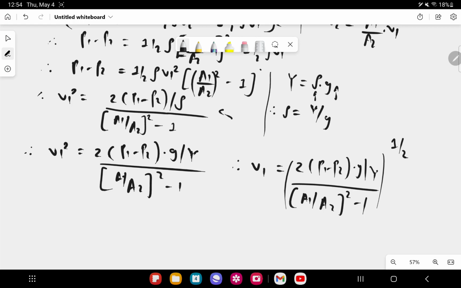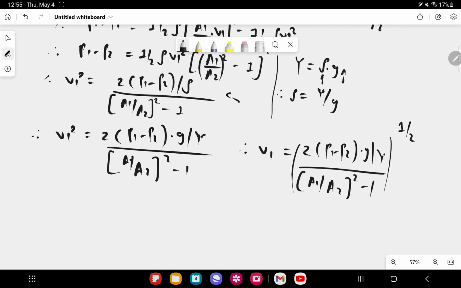So the expression of velocity which we have just derived is an ideal velocity. Now, the ratio of the actual velocity to the ideal velocity is denoted by C, and C is the discharge coefficient.